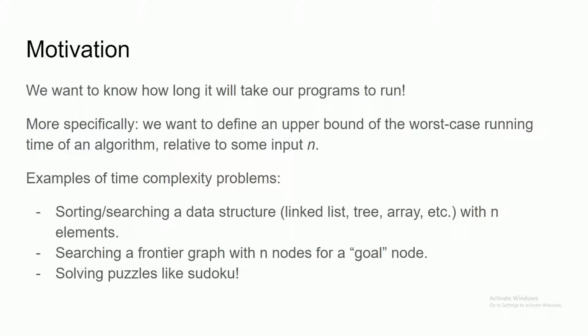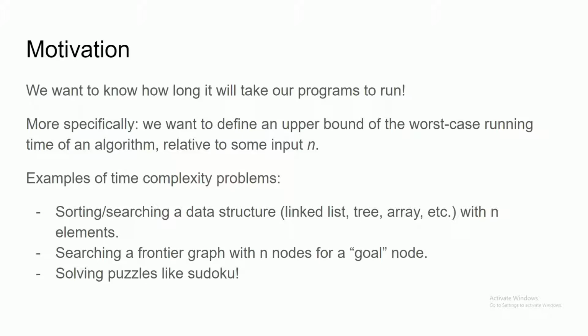Another great example is searching through a frontier graph, which is a graph made up of states that are connected by actions. Very important abstraction for the field of artificial intelligence. If we know the size of such a graph and we're searching for a certain end node or a goal node, we can analyze the complexity of that search itself.